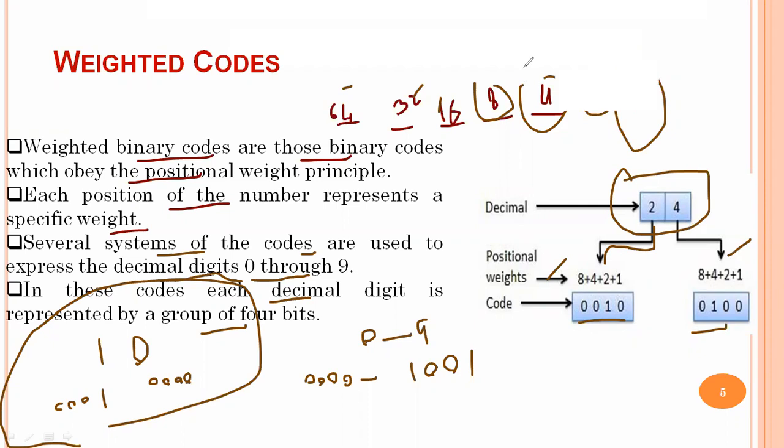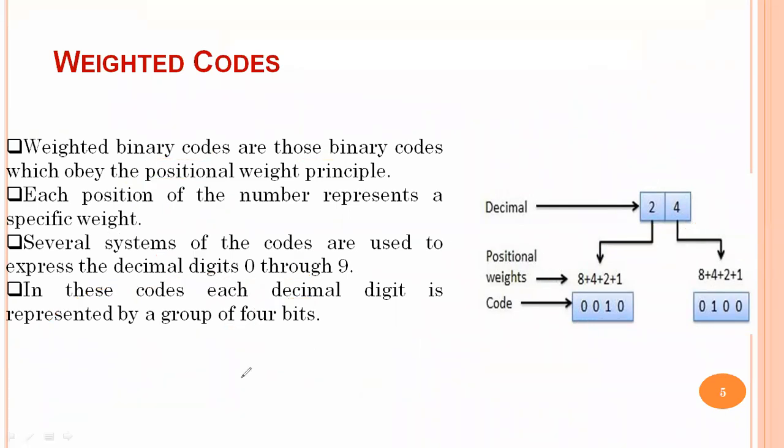And when that is received at the other end, suppose the data that has come is 0 0 1 0 and 0 1 0 0. It will be divided into 4 bits and then converted to 24. So this is how these weighted codes will work. Clear?